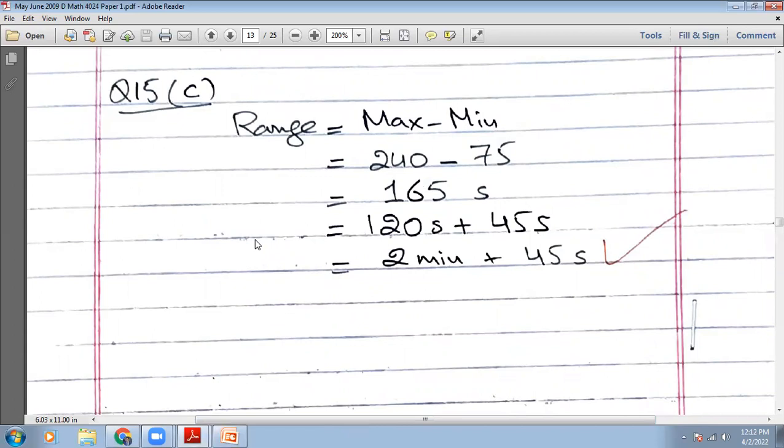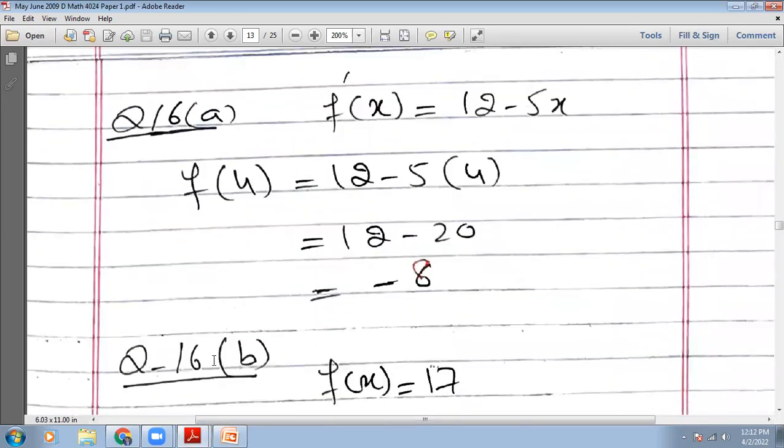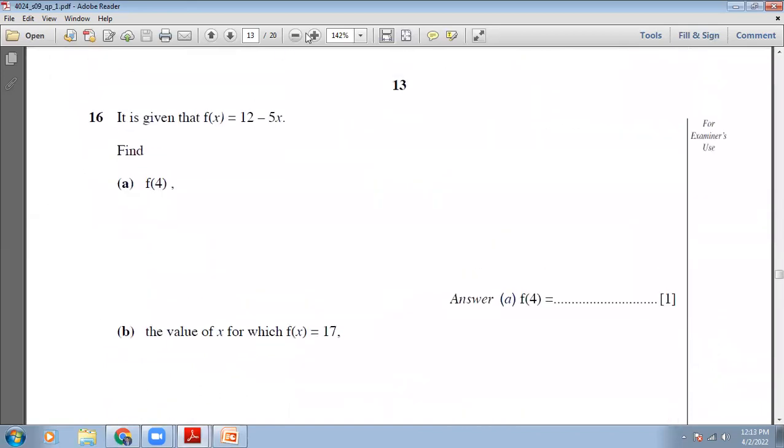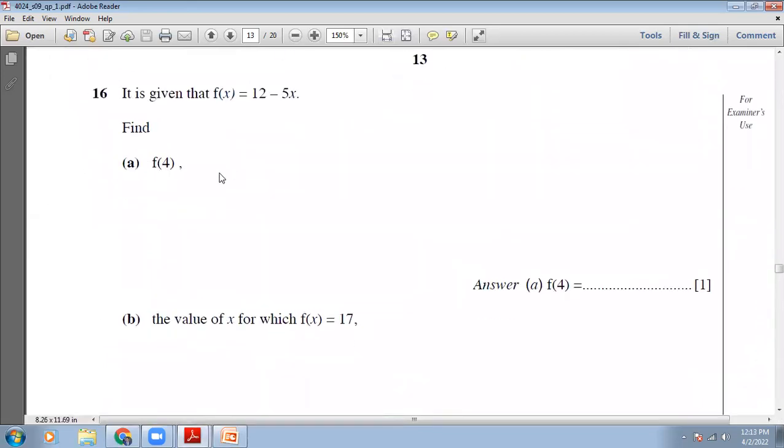So our answer will be 165 seconds, and 165 means 120 plus 45. So it will be 2 minutes and 45 seconds. So we are done with question number 15, and you don't have to worry about the marking scheme. I have already checked my answers with the marking scheme.